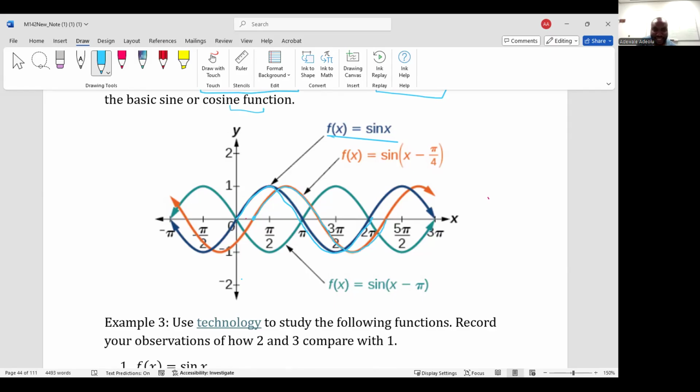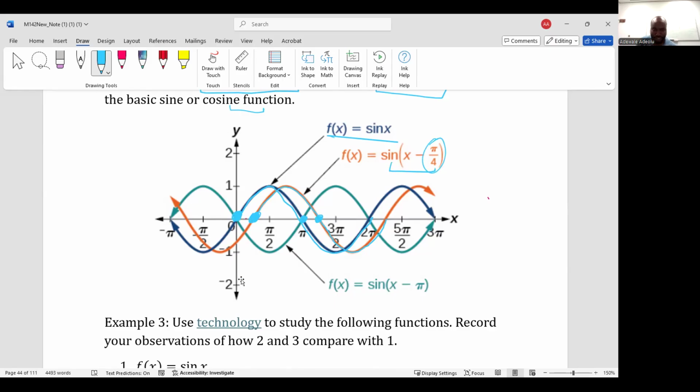Now, you will see that instead of this point being here, it has been shifted to the right. So it is no longer here now. It is now here. That point has been shifted. Now, look at this point also. It has been shifted here. Now, we have it this way. That is that phase shift. And we say it is shifted to the right.